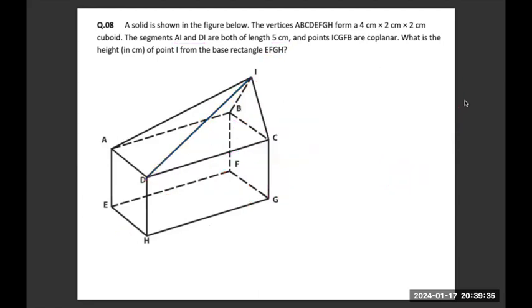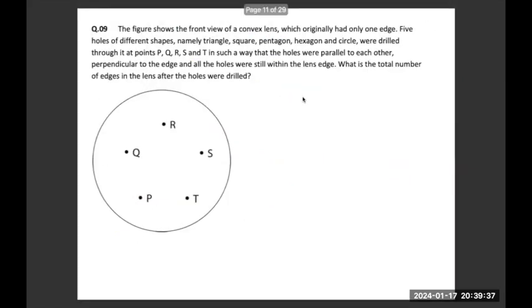Okay. Move to the next. A figure shows the front view of a convex lens which originally had only one edge. 5 holes of different shapes: triangle, square, pentagon, hexagon, circle, were drilled through it, P, Q, R, S, T, at different points, in such a way that the holes were parallel to each other, perpendicular to the surface.